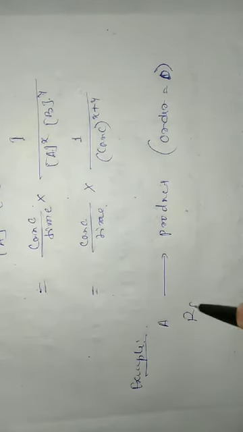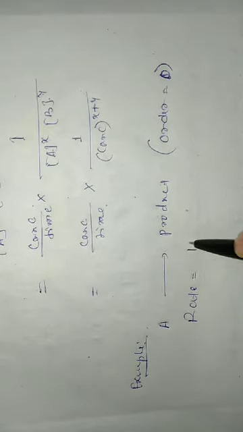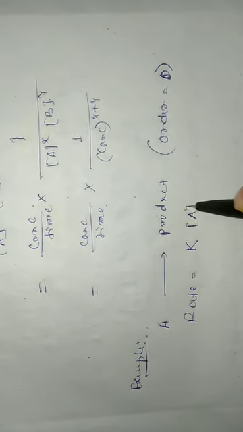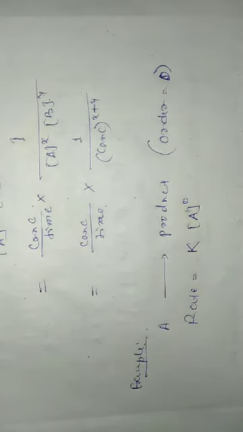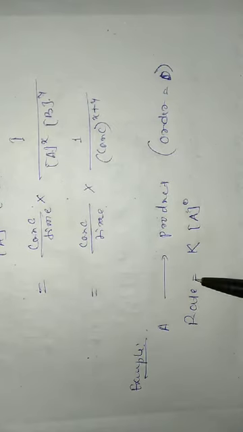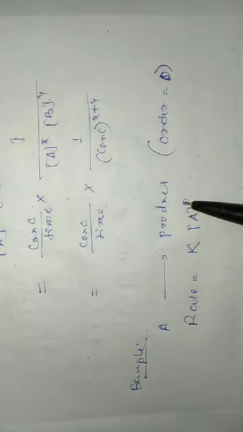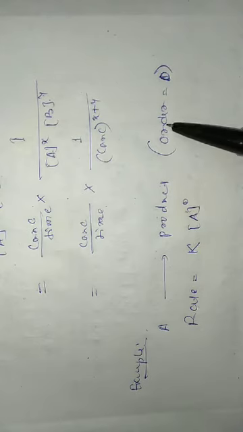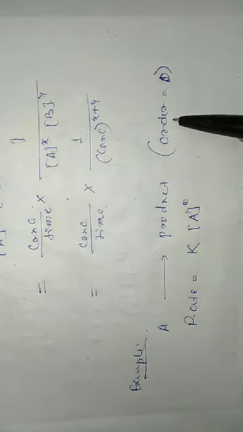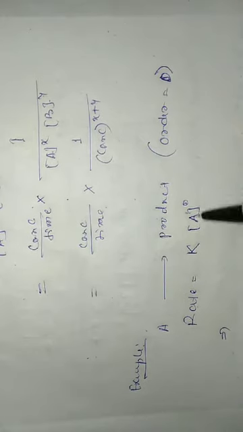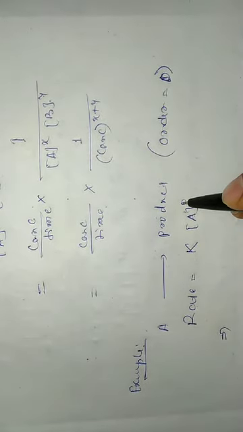When the order is mentioned for a particular reaction, we can write the rate expression. So the rate expression for this reaction is rate equal to k into concentration of A to the power 0. Why is the exponent of the concentration of A 0? Because it is a zero order reaction. So concentration of A to the power 0 is equal to 1.